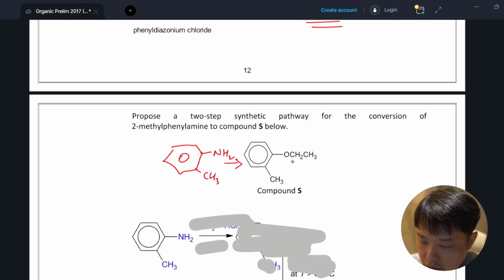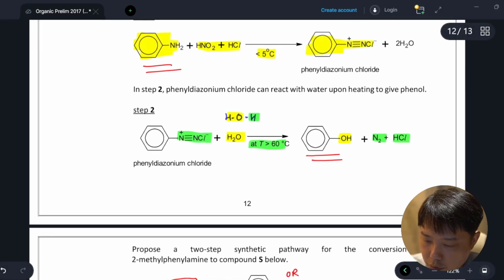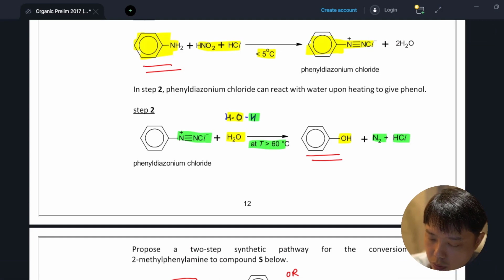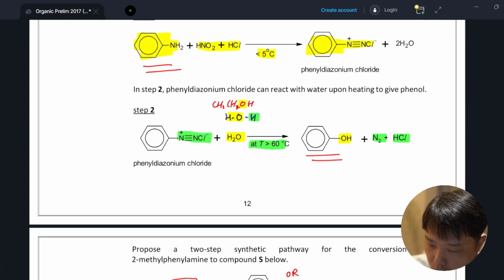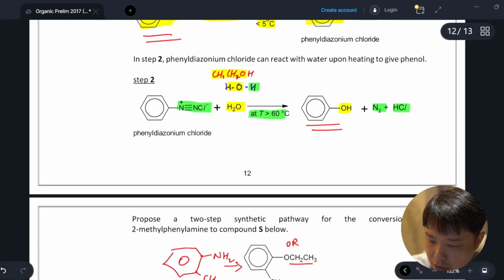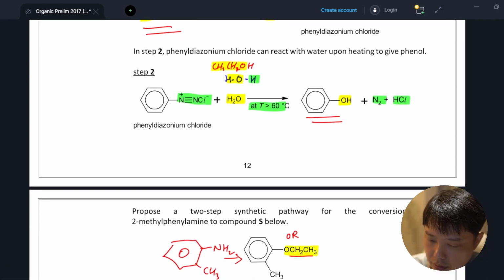So this compound, instead of a phenol, we now have an OR group, which means that for the last part, instead of using H2O, we're going to use CH3CH2OH. So instead of the H being substituted, we will have an OR group, which is the group that we want here, being substituted in.